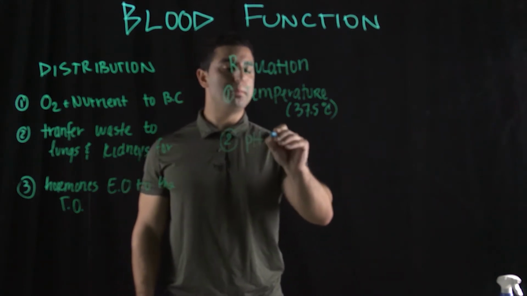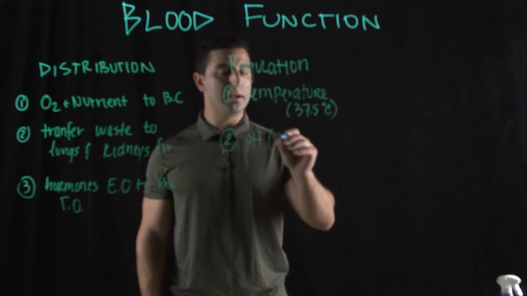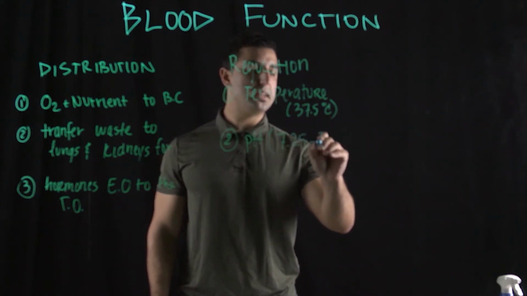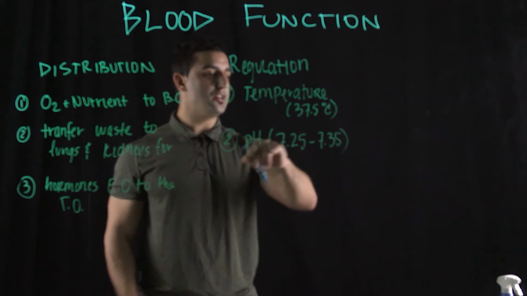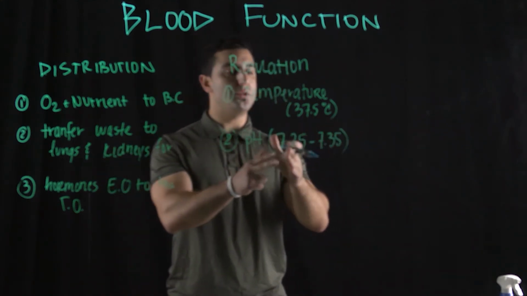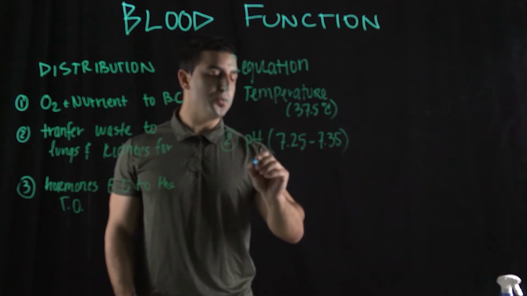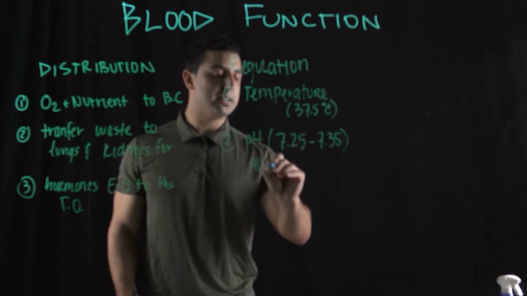The pH goes from around 7.25 to about 7.35. Any kind of change or fluctuation, and you have a homeostatic imbalance in the pH. The body has its own alkaline and acidic reserves.